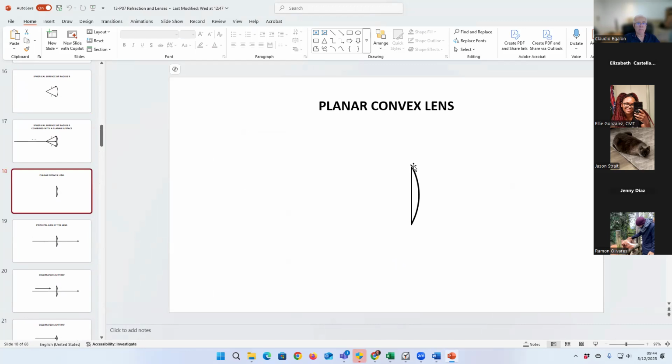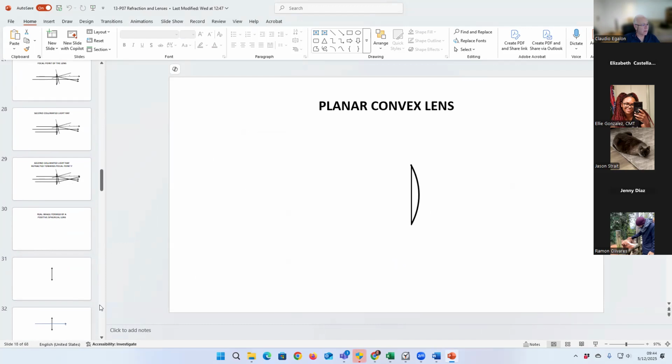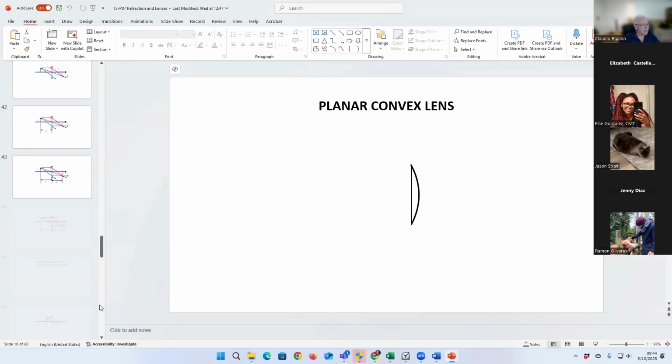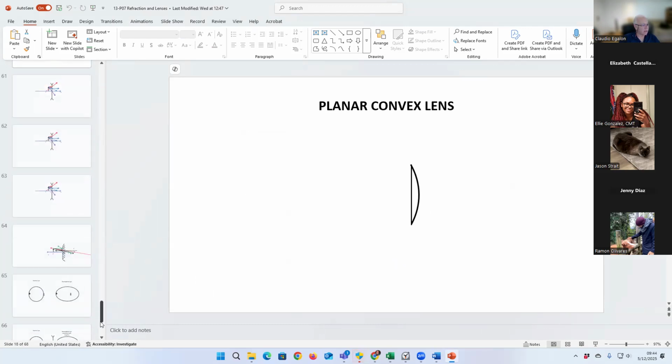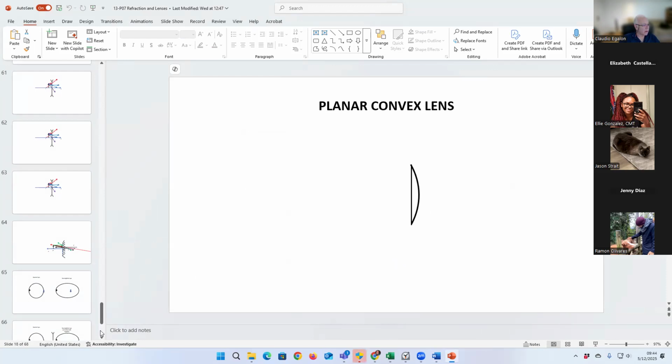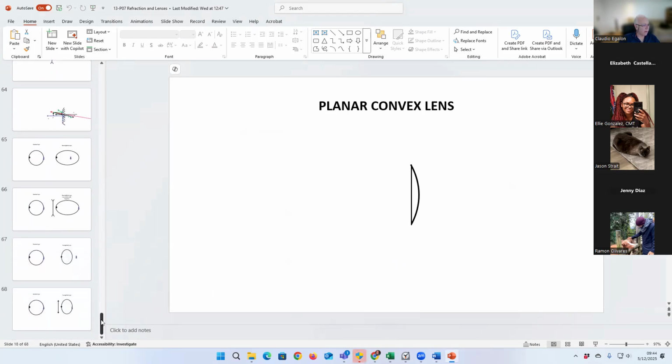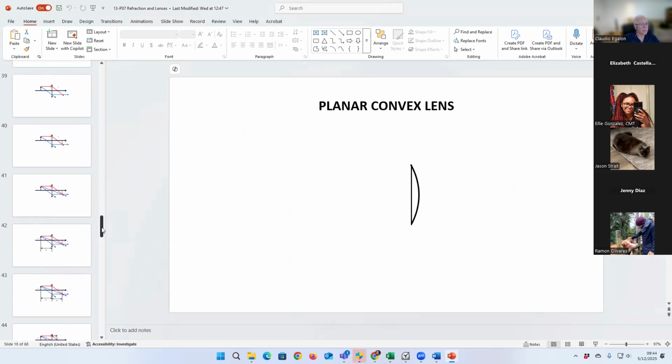And then we have other types of lenses, biconvex: convex here and convex here, both sides. I don't have an illustration of biconvex, unfortunately.